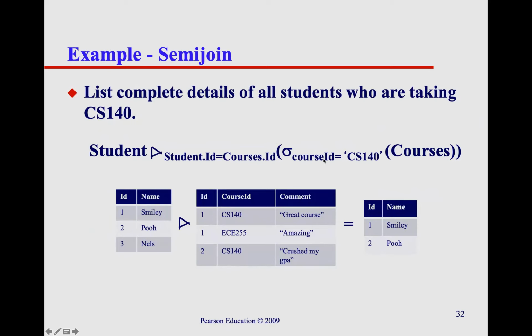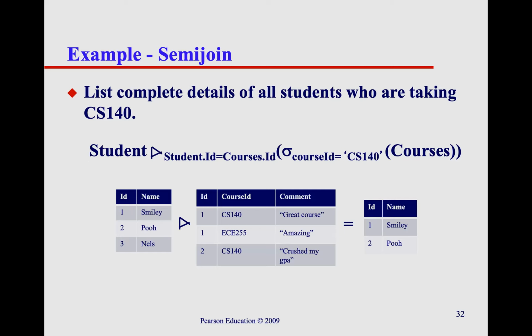Notice that it makes a big difference if we do the selection first. So this is where order is important. If we have first narrowed down the tuples and courses to just one, that's going to be a lot smaller in the Cartesian product than if we first take the Cartesian product of student and courses and then select out course ID equals CS140.